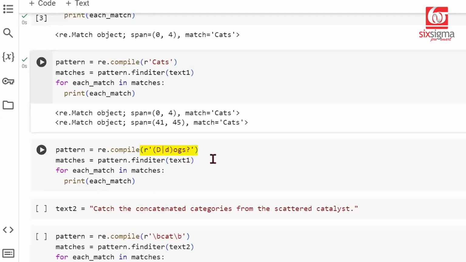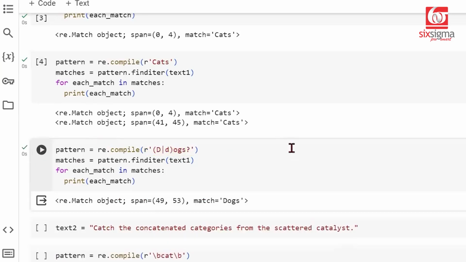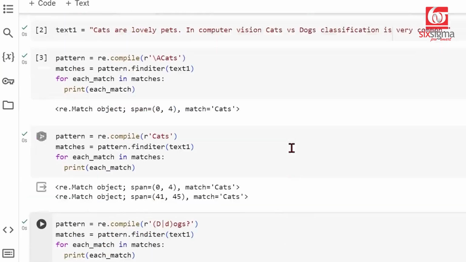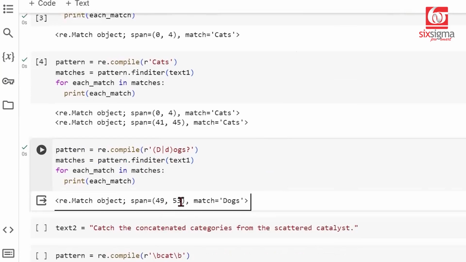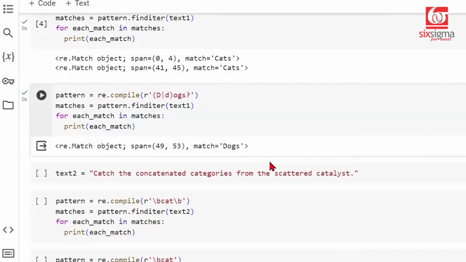So s is optional here. It would identify the word dog, whether it starts with an uppercase or lowercase, and it will also identify dogs because s is optional here. Let's see. In our string, we had the word dogs here, and it identified that properly. Index 49 to 53, where 53 is not to be counted.